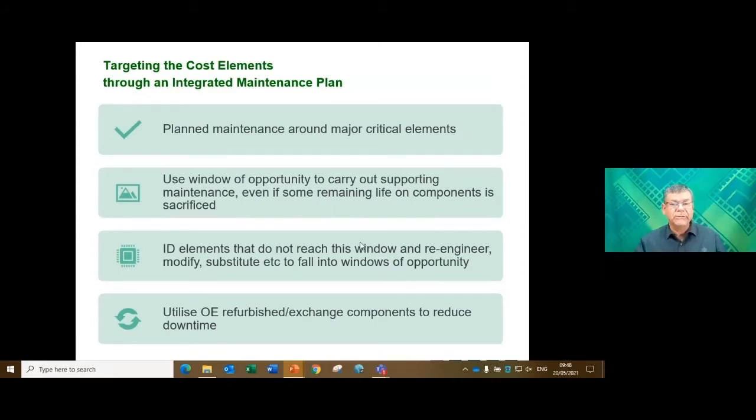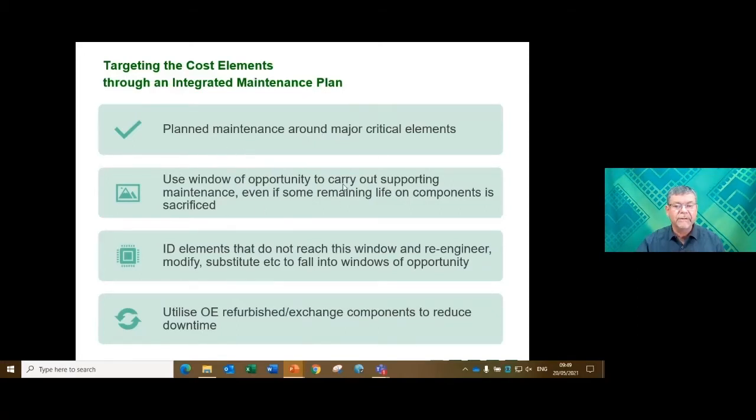Okay, targeting the cost elements. There's a basic element, and that is when you start off, look at what are the major or critical elements on the plant. It could be something like a crusher, as a good example, and the maintenance as directed by the OEM around that crusher would be a very good starting point.